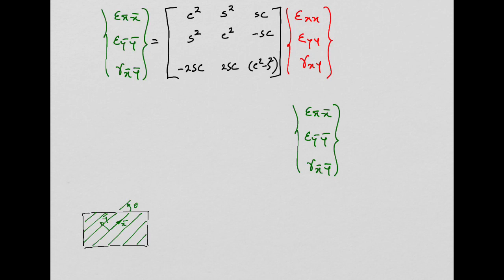Now that I have my strains in these directions, X bar and Y bar, what I'm going to do is multiply this strain field by my stiffness matrix, which includes those terms I defined.